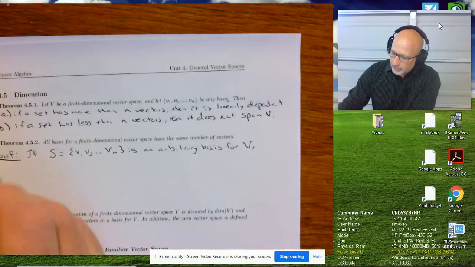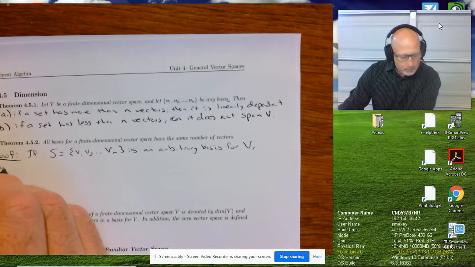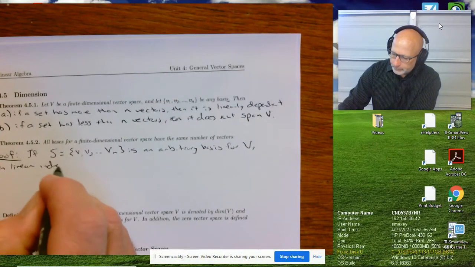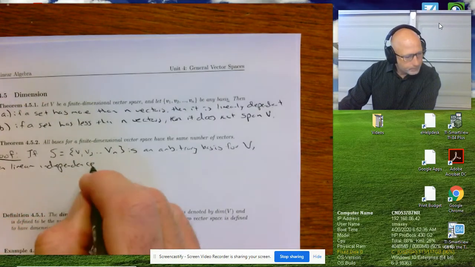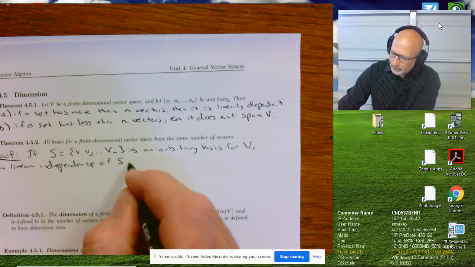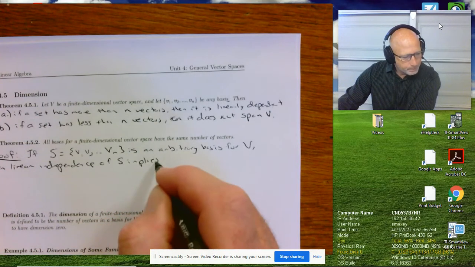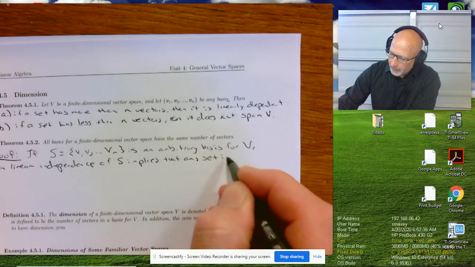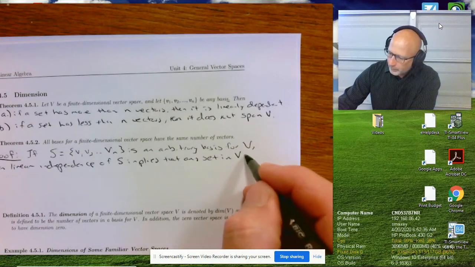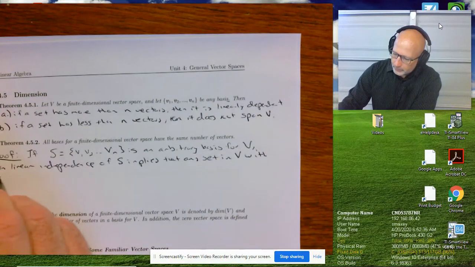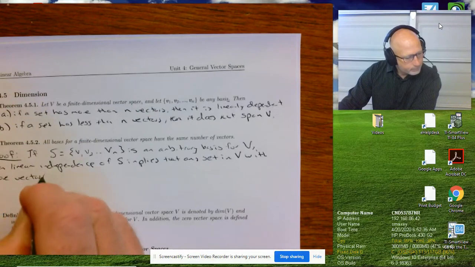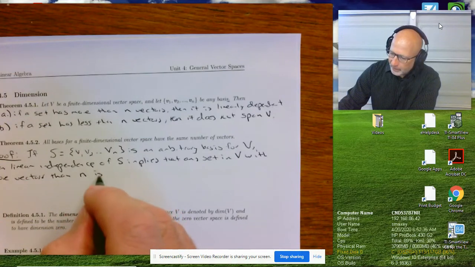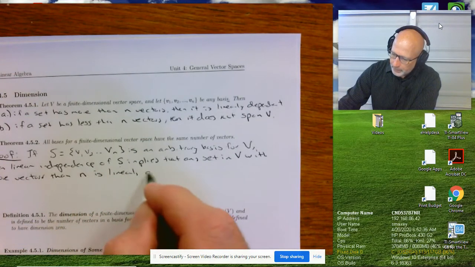Then the linear independence of S implies that any set in V with more vectors than n is linearly dependent.